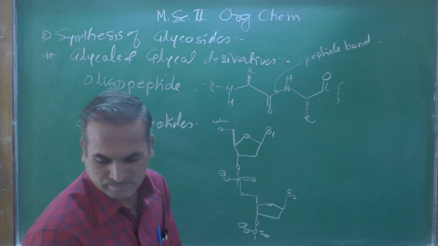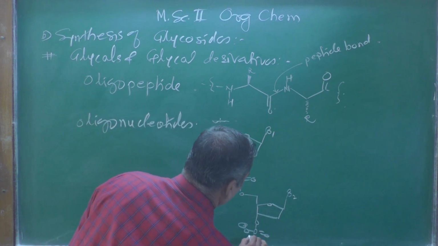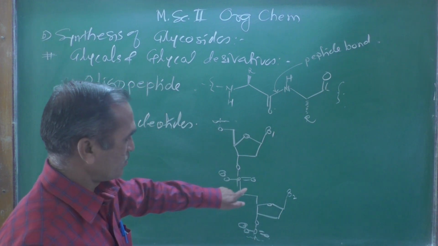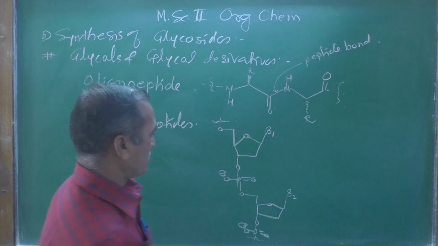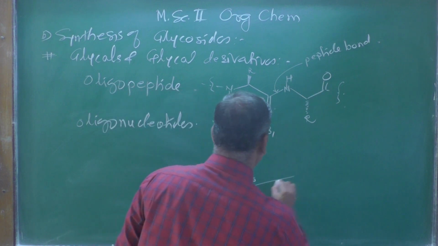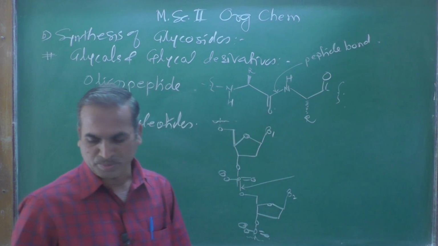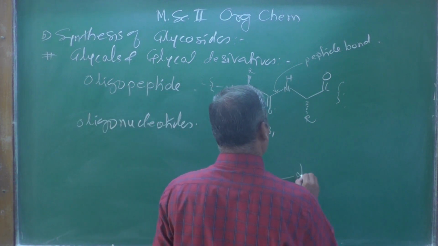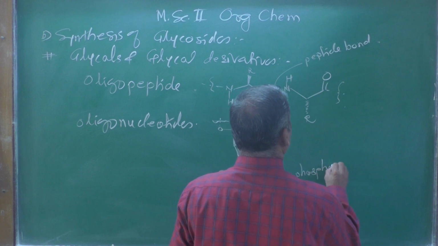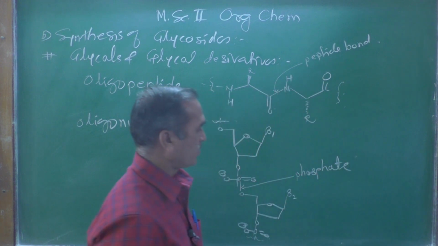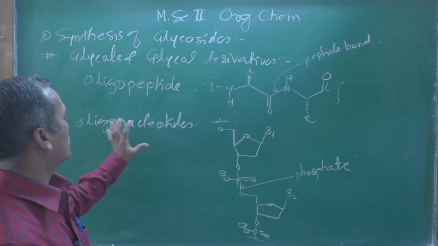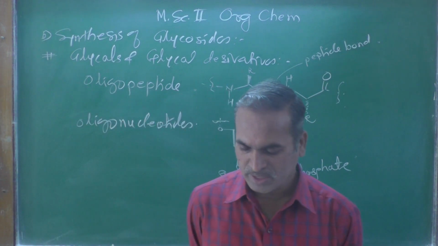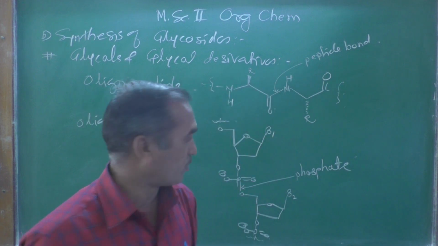Remember, here is another bond linkage, but the bond is formed between P and oxygen. It is known as PO, a phosphate bond. This phosphate bond is observed in the oligonucleotide when it is formed.